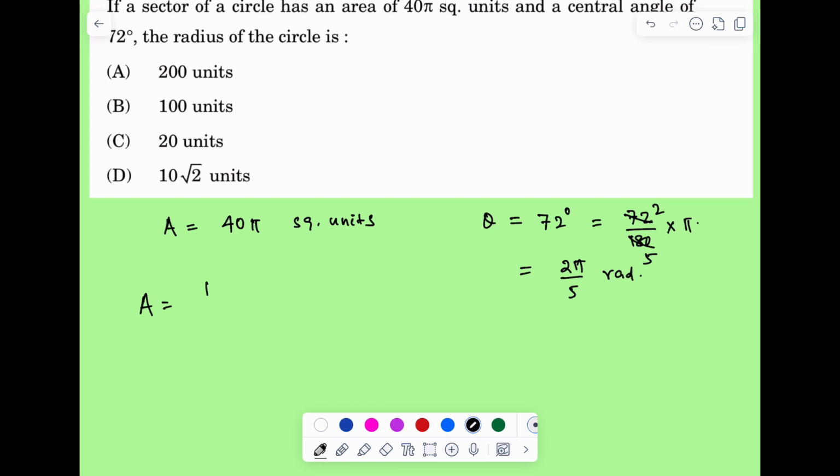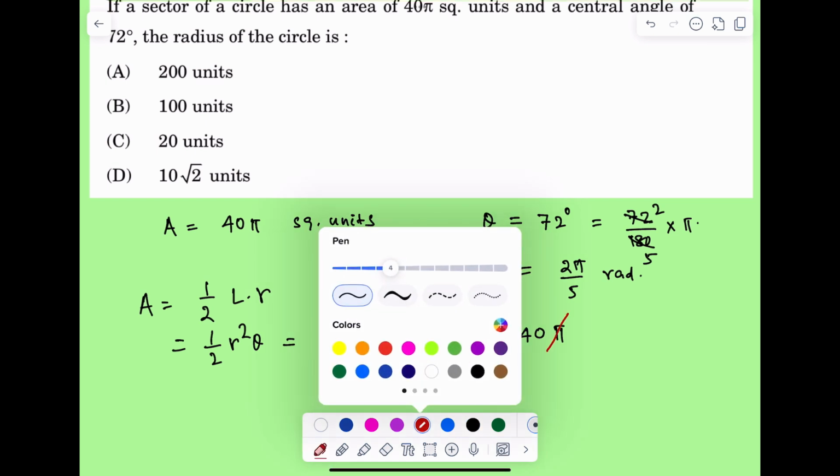Then we know that area of the sector is equal to half LR, or half L is equal to R theta, that is half R square theta. That is equal to half into R square into theta, which is 2 pi by 5, and it is given as 40 pi.